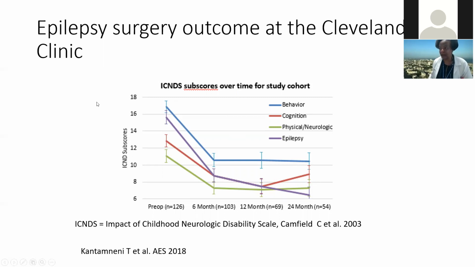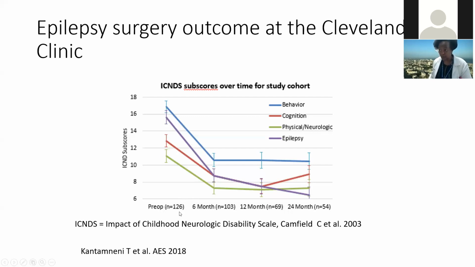And we used the Impact of Childhood Neurological Disease score, which is a score that is given by the parents. This is parent-reported data of how the behavior, cognition, physical and neurological aspects of life and the epilepsy changed before the surgery happened, okay?